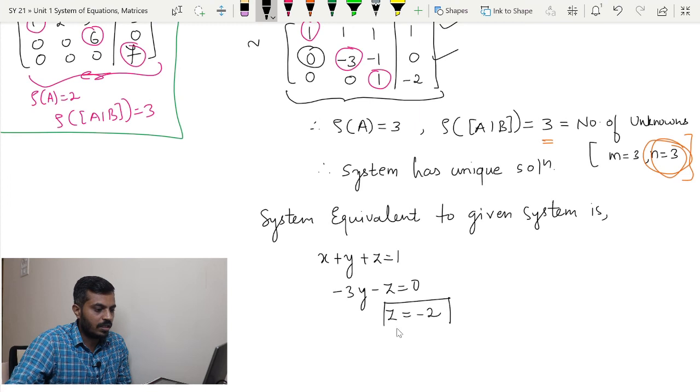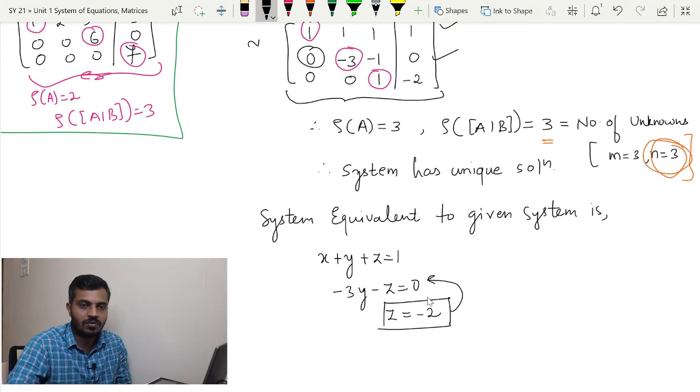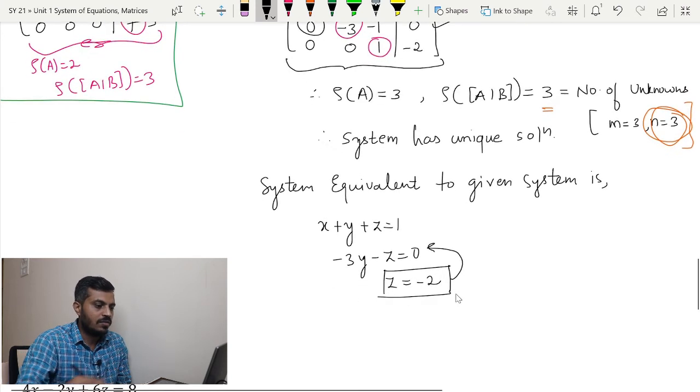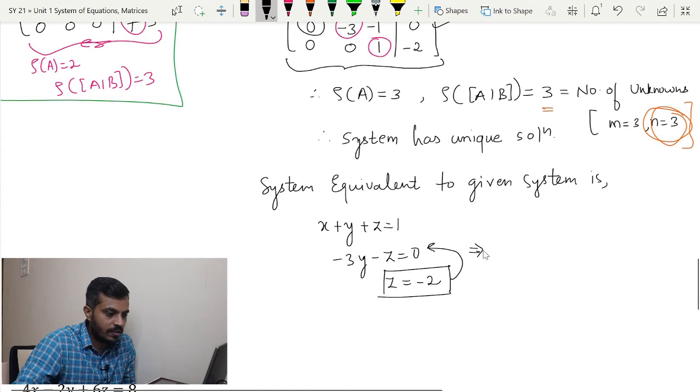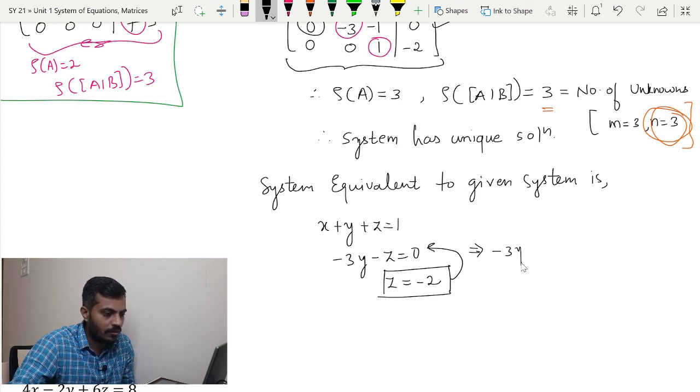So now we directly got the value of z as minus 2. So use the reverse substitution method and get the values of y and x. If I put the value of z in this second equation, I will get minus 3y plus 2 equal to 0, and therefore our value of y will be 2 by 3.